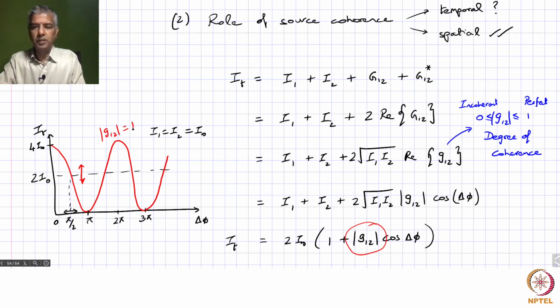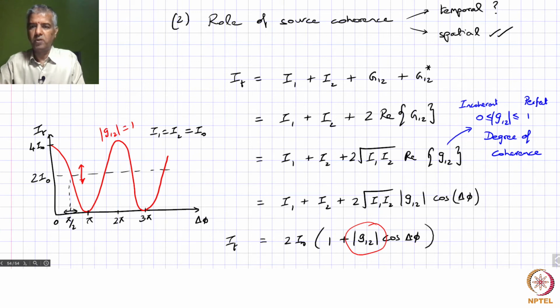If g12 is absolutely incoherent, if g12 is equal to 0, then this cosine term goes out, and you just have a flat line at 2 times I naught, and that does not really help anyone, right. If it is absolutely incoherent, then you are not going to be able to use this as a phase modulated sensor. Okay. So there is a certain need for coherence, and in this case we are not talking about spatial coherence, because that is already taken care of by the optical fiber.